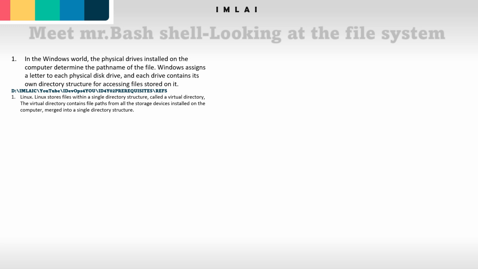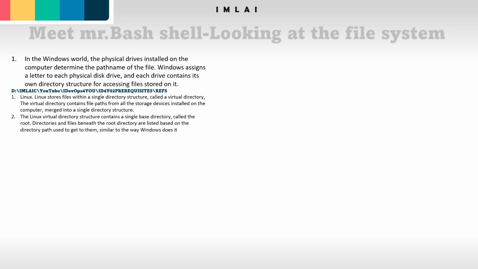The first difference you will notice is that Linux does not use drive letters in the path names. In the Windows world, the physical drives installed on the computer determine the path name of the file.